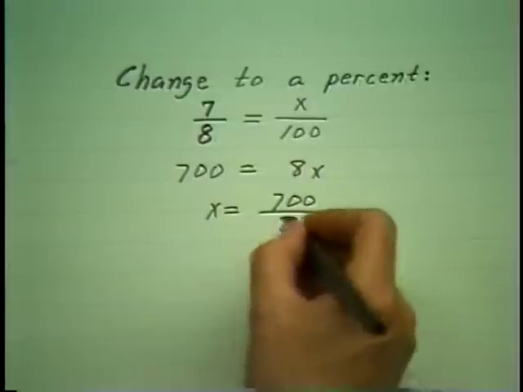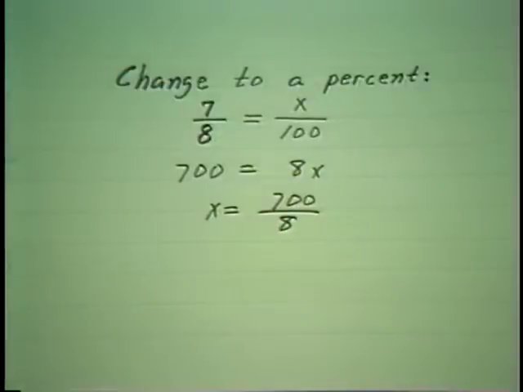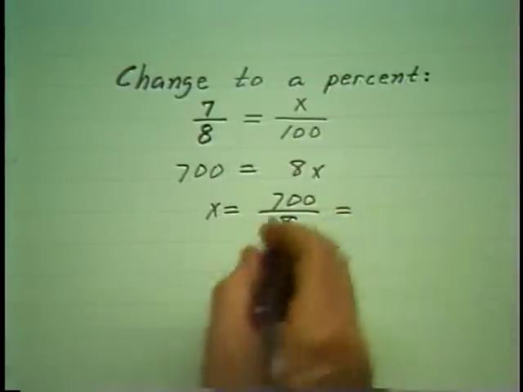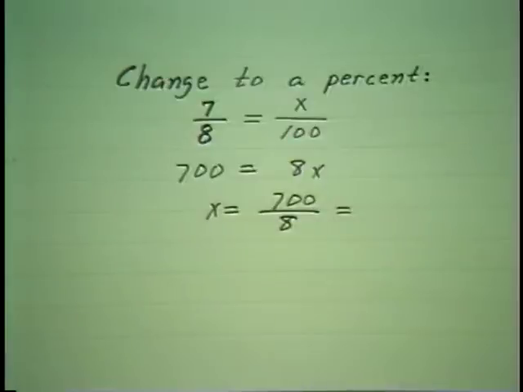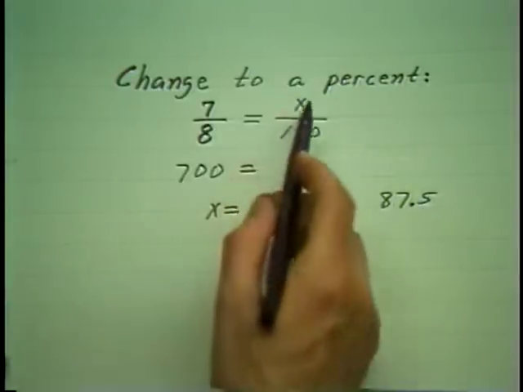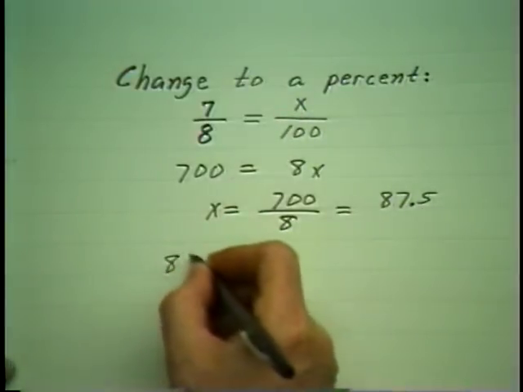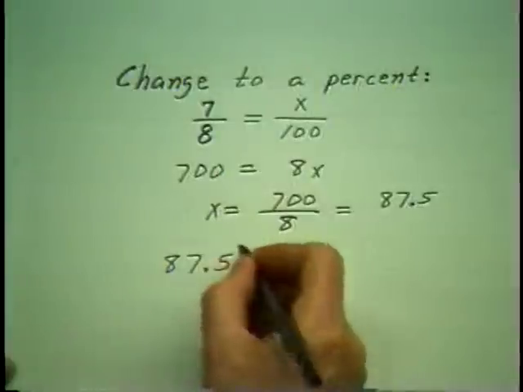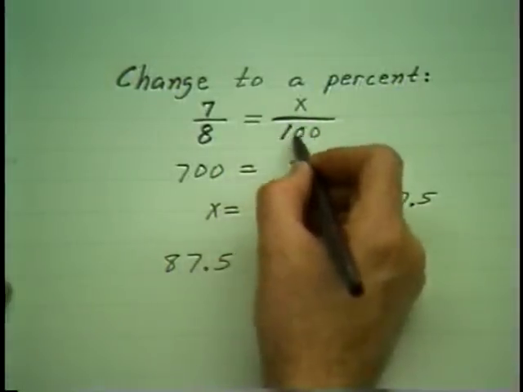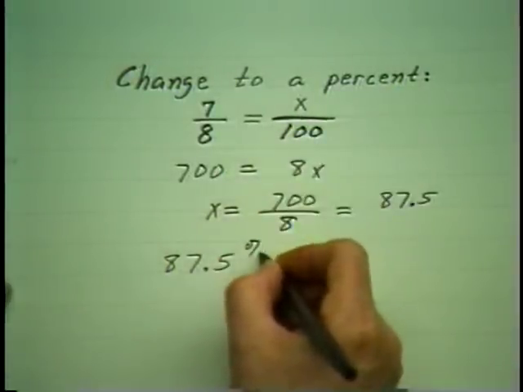And we won't review that. We'll presume that you can already do that. Then, of course, in this case, if we want to divide the unknown further, we would get the decimal 87.5. So x is 87.5, and this is my percent right here.